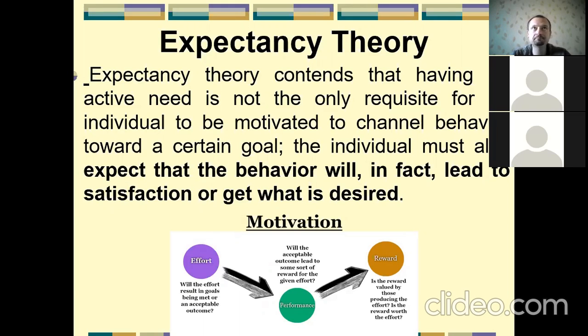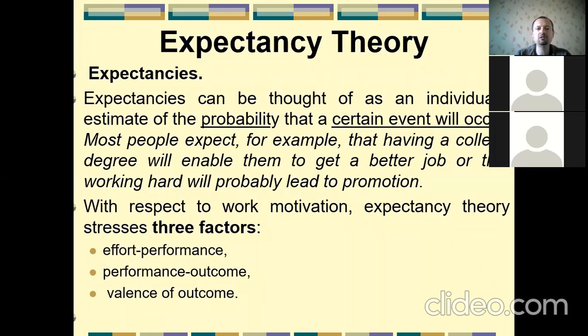Then after the performance is achieved, he or she wants to have some reward, and this reward must be valuable for this person. And generally within this scheme we can speak about these three very important interconnections: effort to performance, performance to outcome or reward, and valence of outcome or valence of a reward.